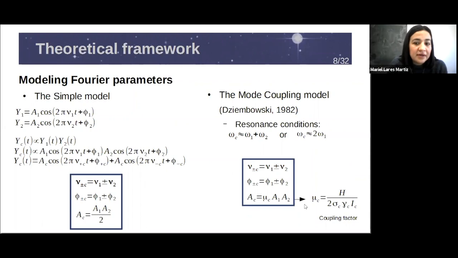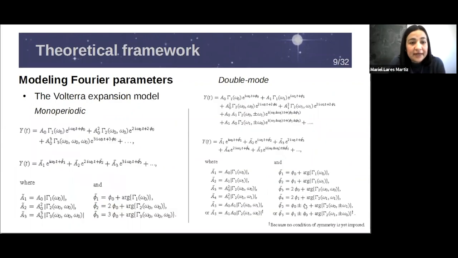In '96, Garrido first proposed this Volterra expansion to be suited to explain the nonlinear behavior of Delta Scuti stars.